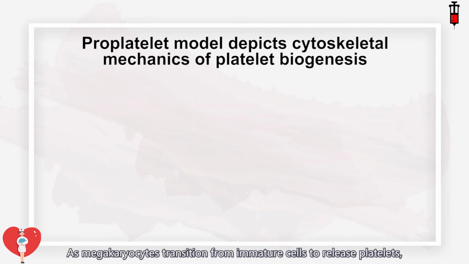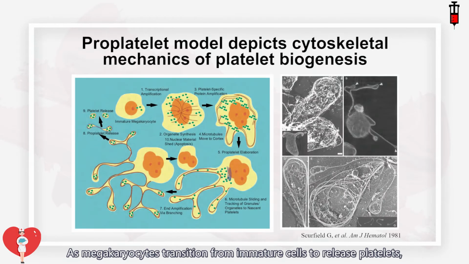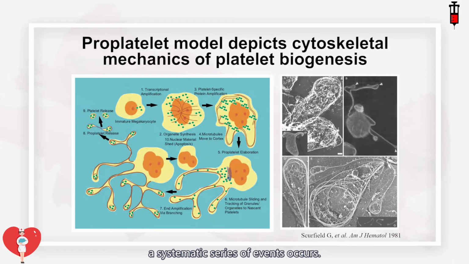As megakaryocytes transition from immature cells to release platelets, a systematic series of events occurs. First, after commitment to the megakaryocyte lineage, cells undergo mitosis and transcriptional activation. And then, during cytoplasm maturation and expansion, the megakaryocyte undergoes organelle synthesis and platelet-specific protein amplification.